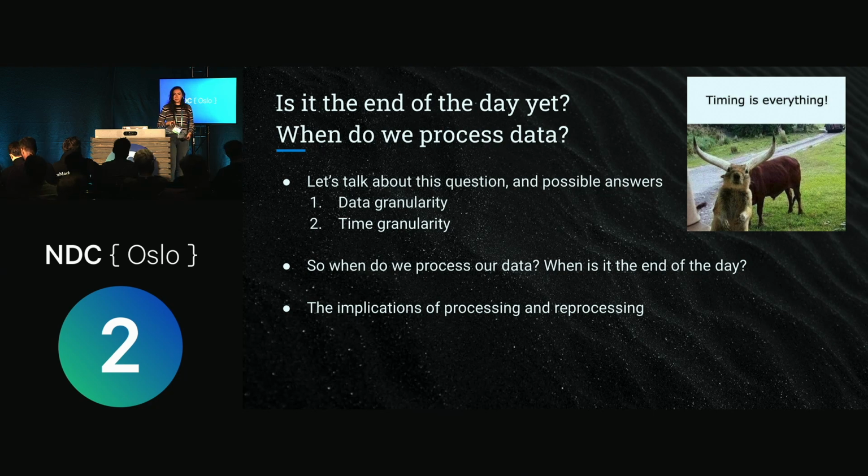And at this point, I really want to start discussing this question, the end of the day question. To understand the importance of it, we really need to talk about the use of data in the media world. What interests us in Nielsen's world is daily data, because we want to count unique users on a daily basis.